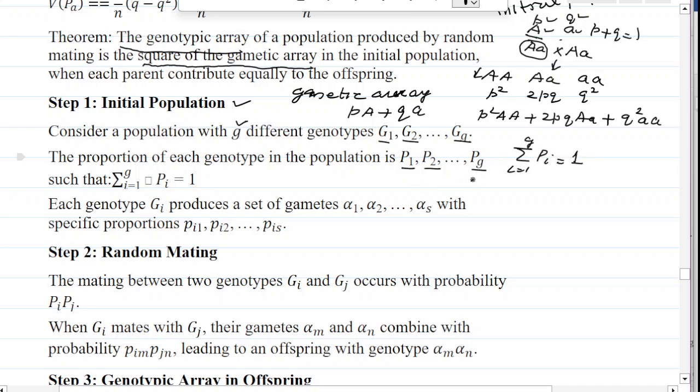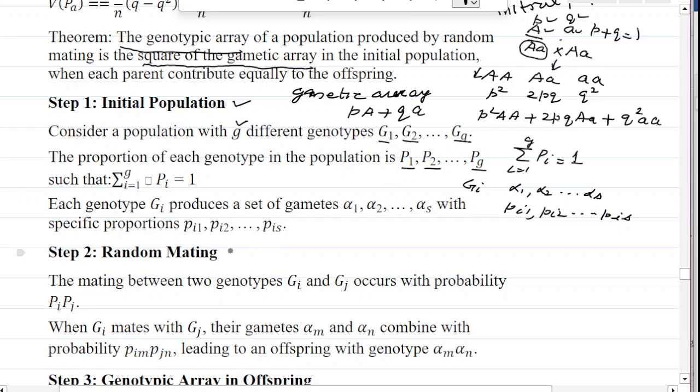Now each genotype Gi produces a set of gametes, say alpha 1, alpha 2 and alpha s, with specific proportions, say Pi1, Pi2 and Pis.